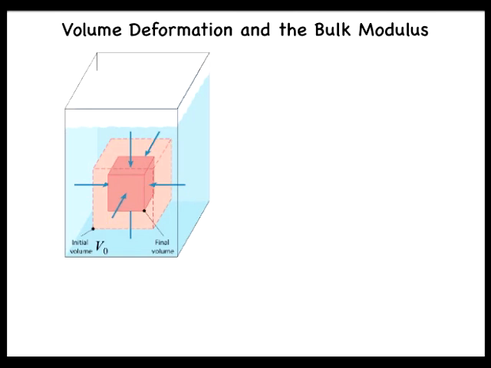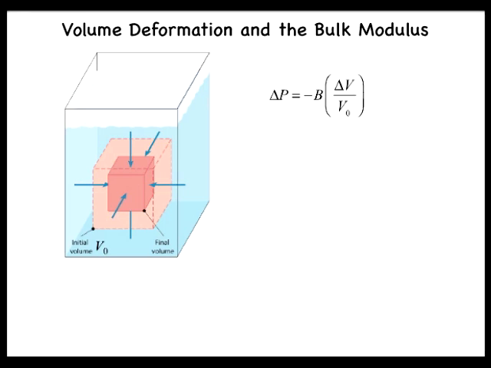Such a pressure change occurs, for example, when a swimmer dives deeper into the water. Experiment reveals that the change ΔP in pressure needed to change the volume by an amount ΔV is directly proportional to the fractional change ΔV/V0 in the volume, or ΔP = -B ΔV/V0.